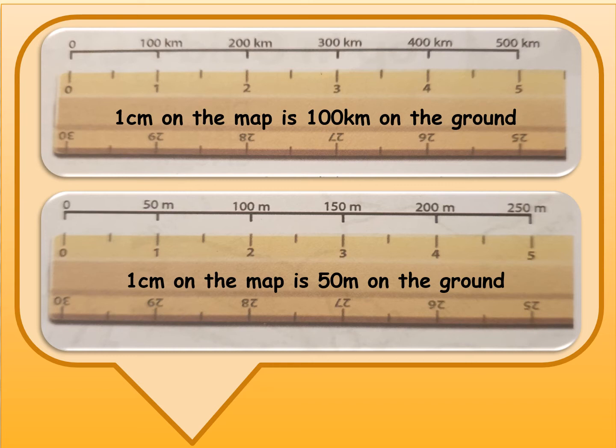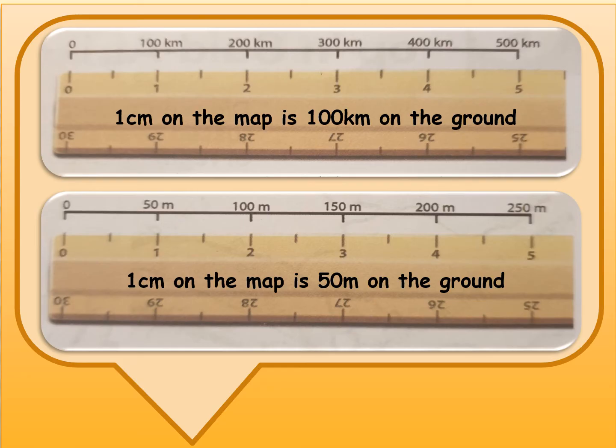If you look at your ruler, there's your north, then you get 100, 200, 300, 400, 500. So your first centimeter is 100. So if they say to you, how many kilometers is 4 centimeters? Your answer is going to be 400 kilometers. Why? Because 1 centimeter is 100 kilometers.